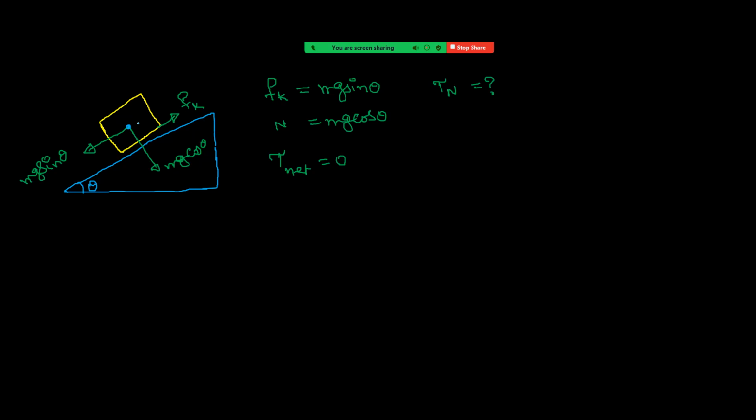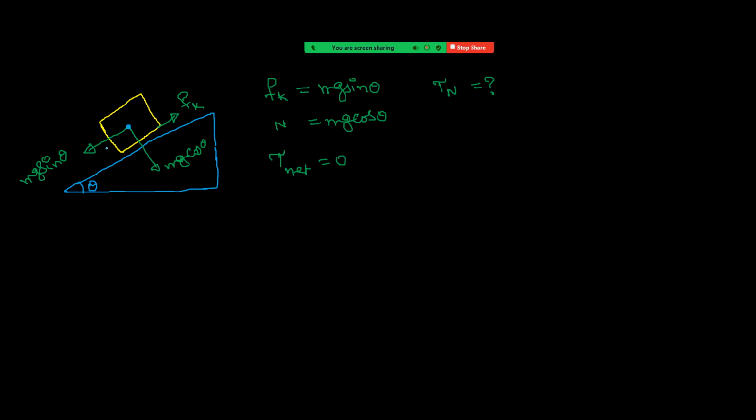Because of weight mg, torque about center is 0. Next, because of frictional force about center, it tries to rotate. It is anti-clockwise. See carefully, the direction part. About center, because of friction, torque is anti-clockwise, but the condition is it has uniform velocity.